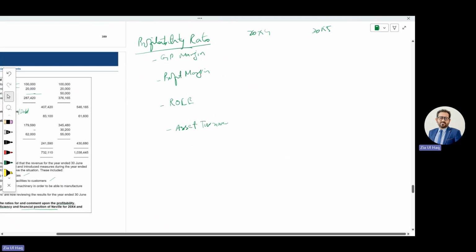After that, you need to calculate liquidity, also called efficiency ratios. What are the liquidity and efficiency ratios?